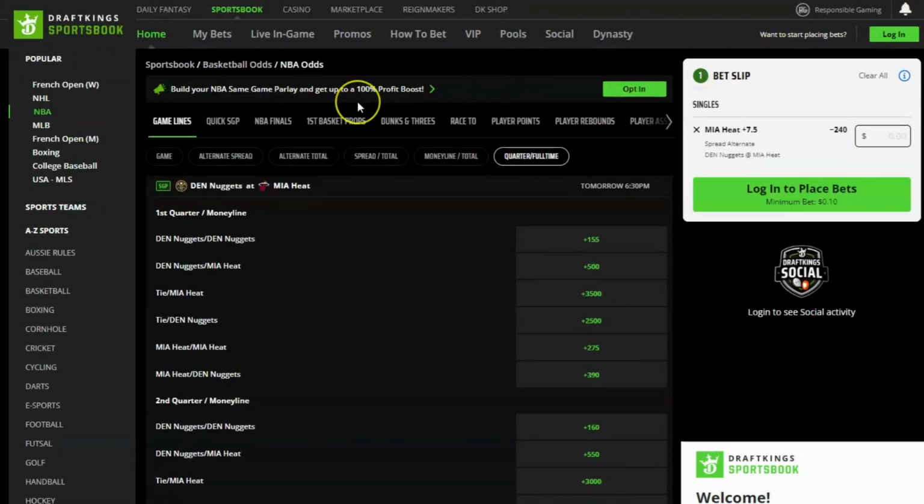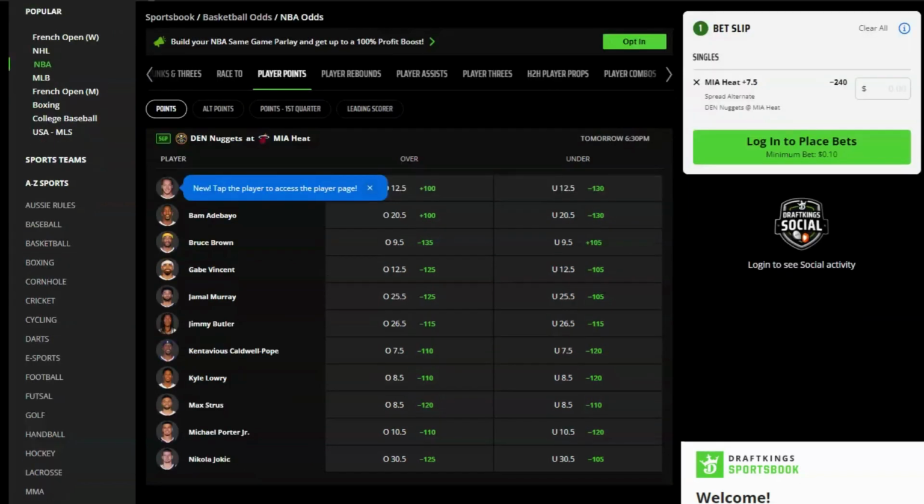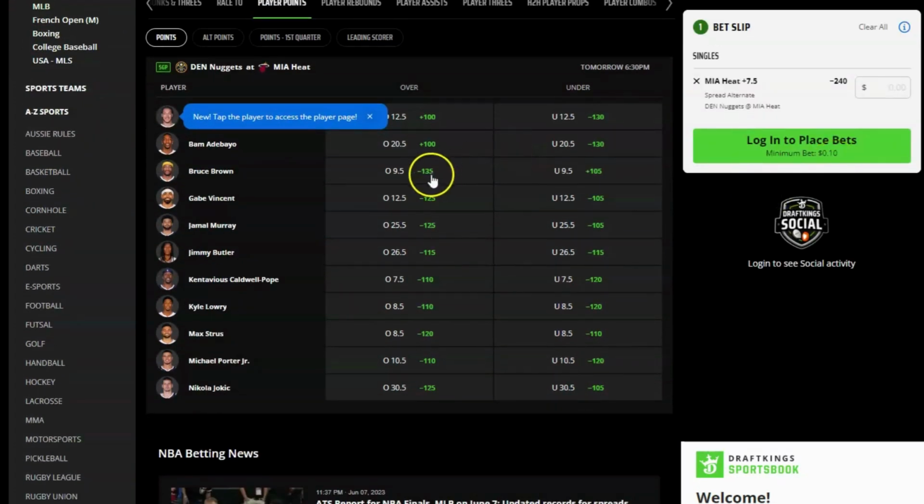And of course, you also have your player prop bets, meaning if you think a particular player is going to have a certain amount of rebounds or a certain amount of assists, those are all up here. Okay. And let's just say that you wanted to play one of those. Again, you can look at the odds here, and they're saying Jamal Murray is going to have over 25.5 points at minus 125.